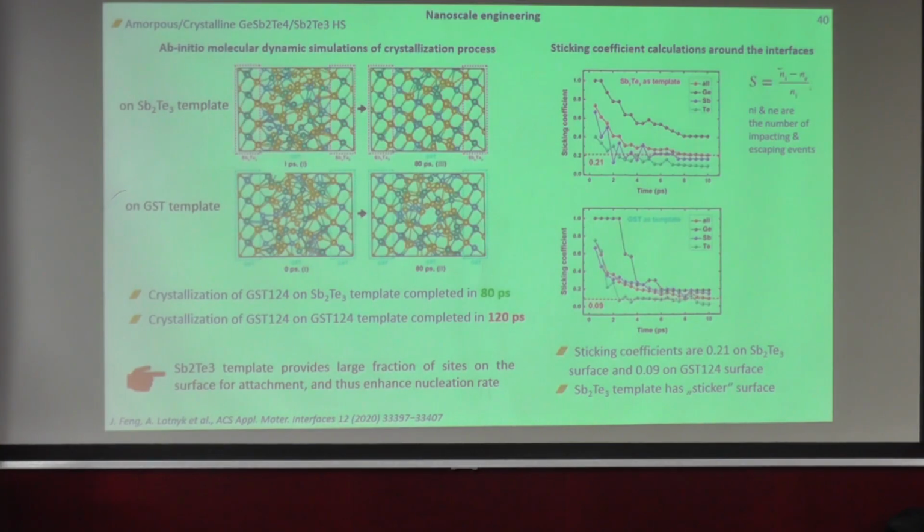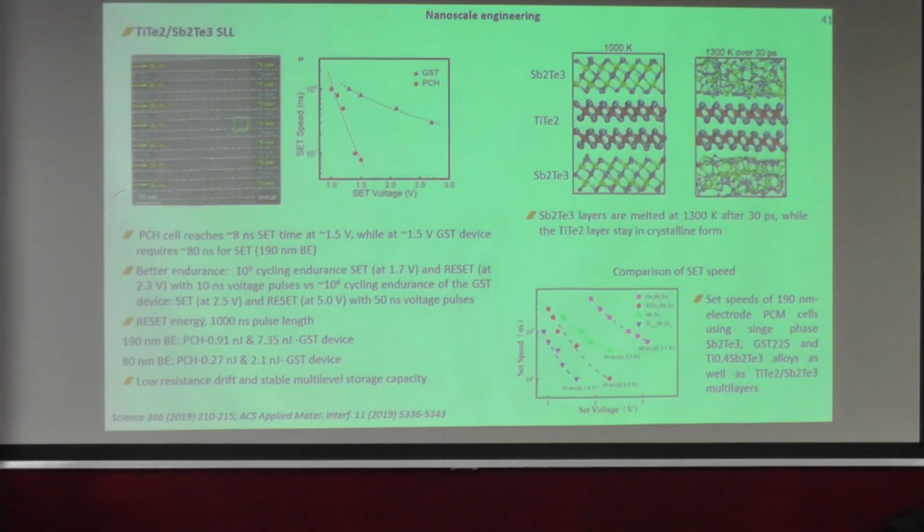It was also demonstrated for other systems, like for titanium tellurium 2 antimony telluride superlattices. In this case the GST was replaced by titanium tellurium 2, which is another phase change material.